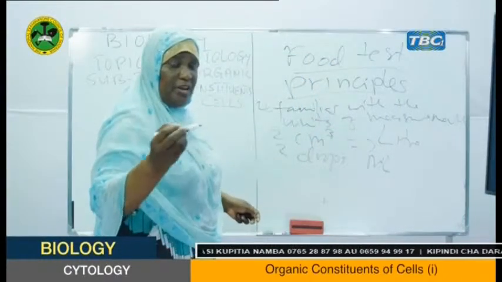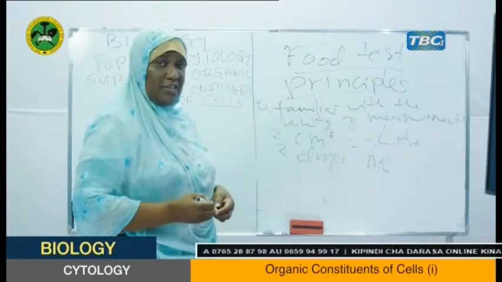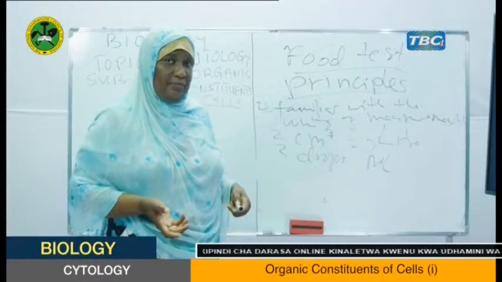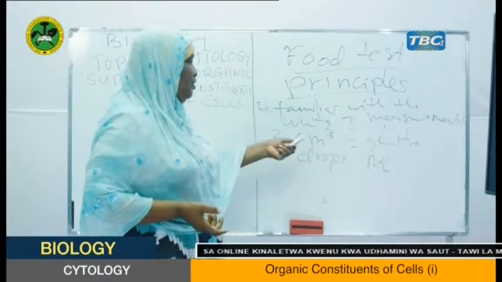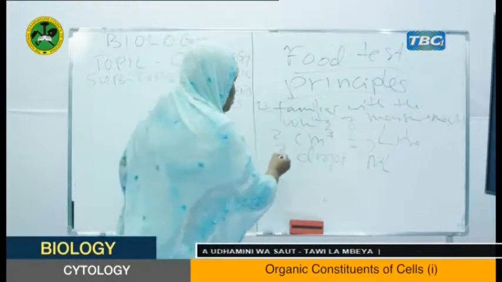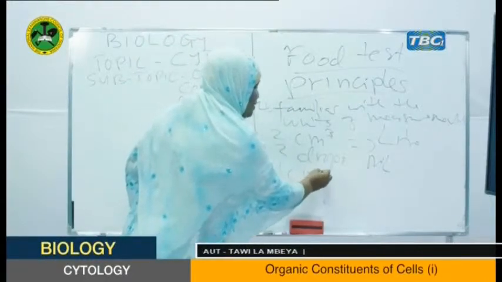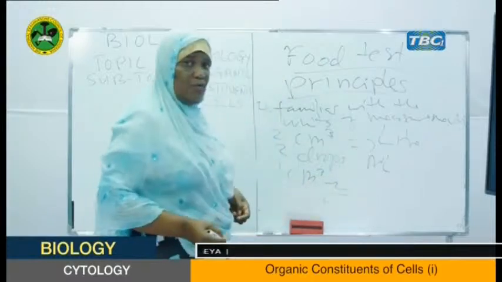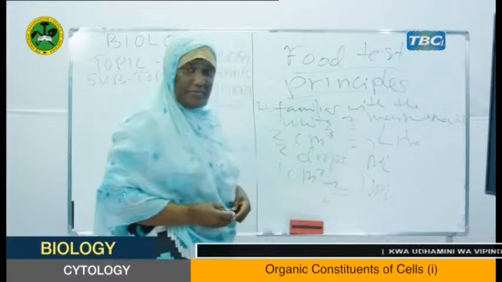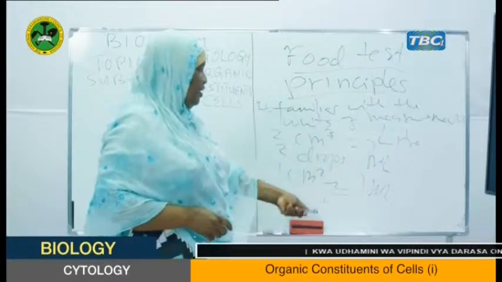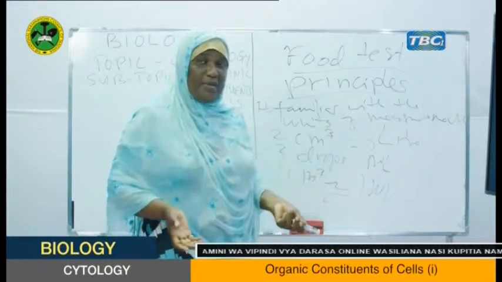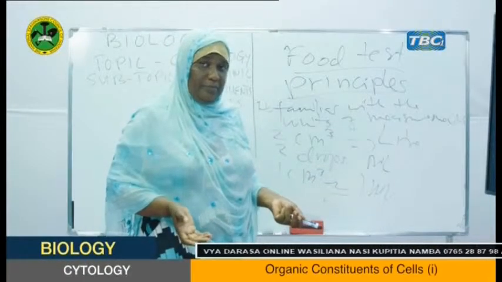But if you read some books, for example, Biological Science Volume 1, they have used the cubic centimeter. 1 cubic centimeter is equivalent to 1 milliliter. Therefore, even if you use cubic centimeter, no problem in writing your report.